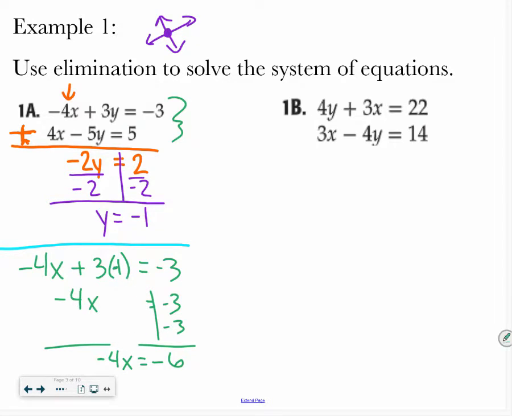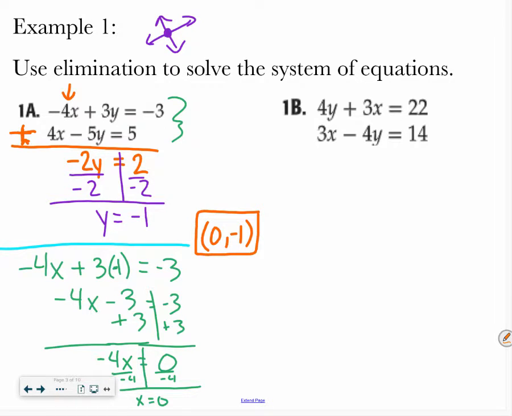So we have a negative 1. That makes this minus 3. So we add 3. And then we have negative 4x equals 0. Divide both sides by a negative 4. 0 divided by a negative 4 just gives us 0. So our ordered pair is going to be our x value first, so 0, and then our y value, and that is our final answer.